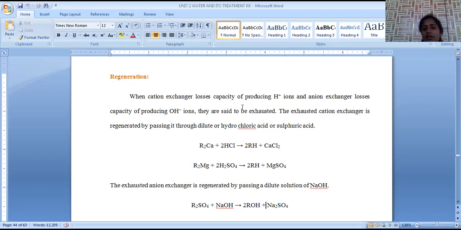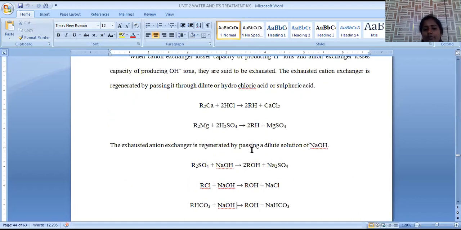Regeneration is nothing but converting whatever exhausted resins are there back into the initial resin materials. So when cationic resin is exhausted, it can be regenerated by treating with either hydrochloric acid or sulfuric acid, so that resin RH can be retained.